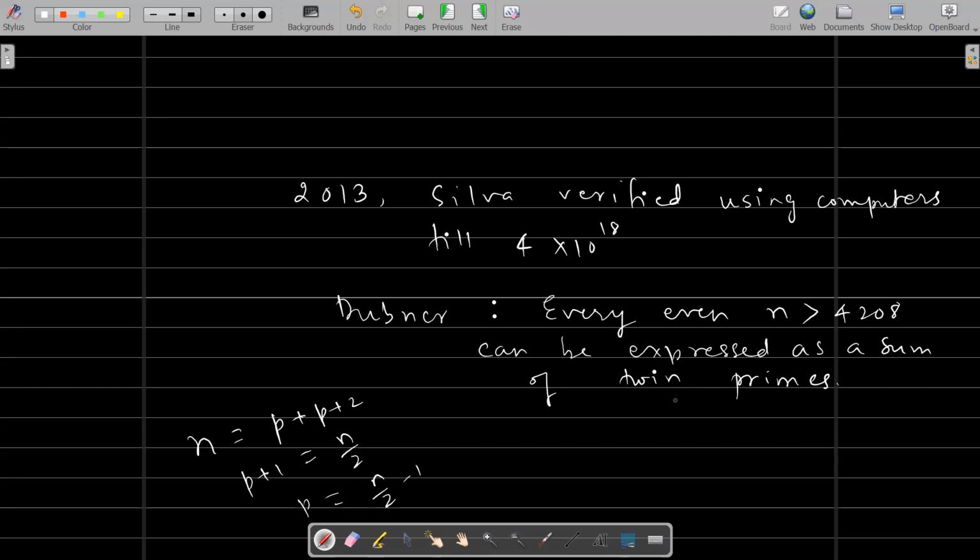I'm not sure whether this is correct or not, I'll check this. Surely there is some problem with the statement. Sir, I think it should be every multiple of 4 greater than 4. So instead of even, it should be of the 4k type. I'll check it.